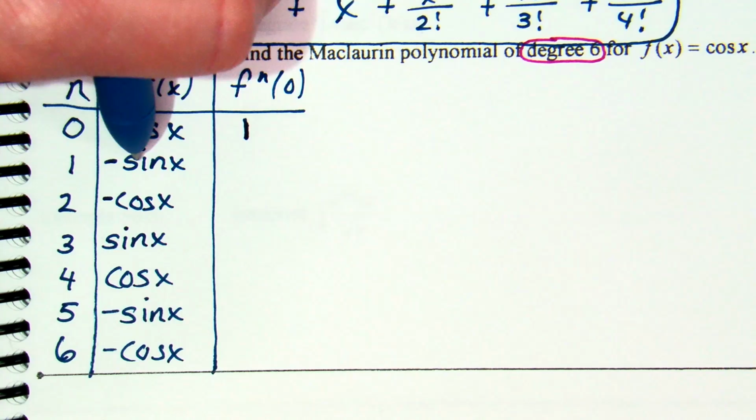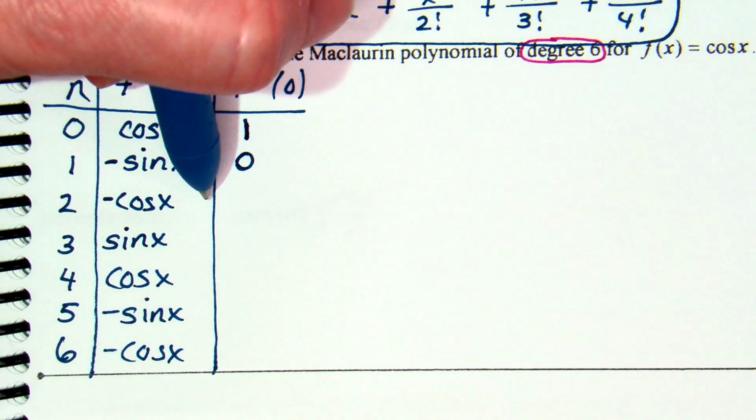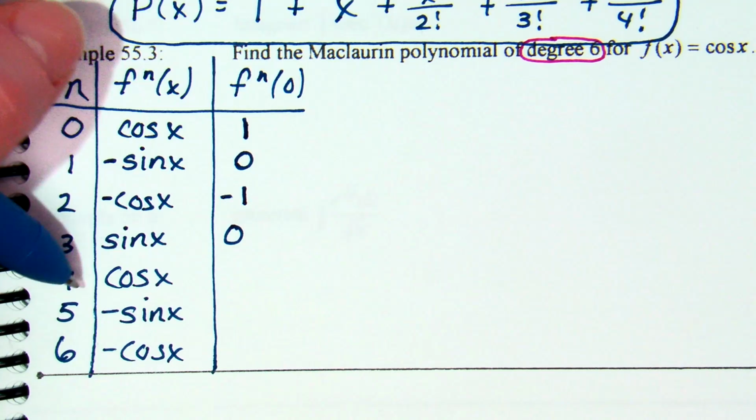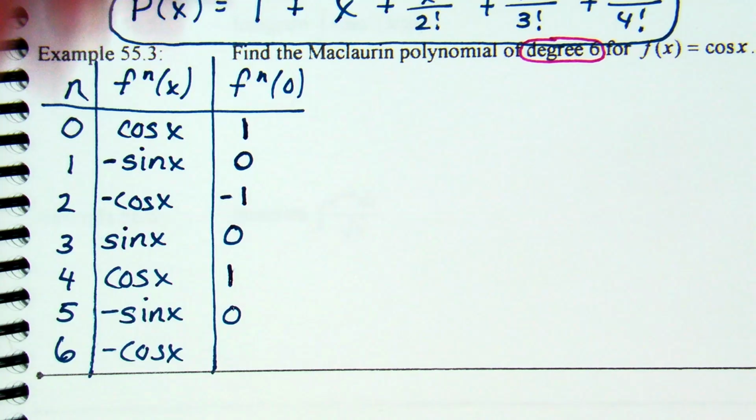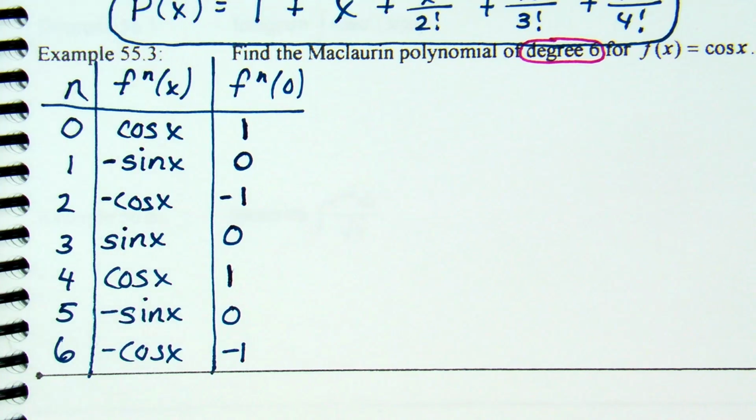Negative cosine of 0: negative 1. Sine of 0 again? 0. Cosine of 0, 1. Negative sine of 0, 0. Negative cosine of 0, negative 1. Does everybody have their own way they figure those out? I don't care how you do it, whether you think about the graph or the unit circle, so many different ways to do that.